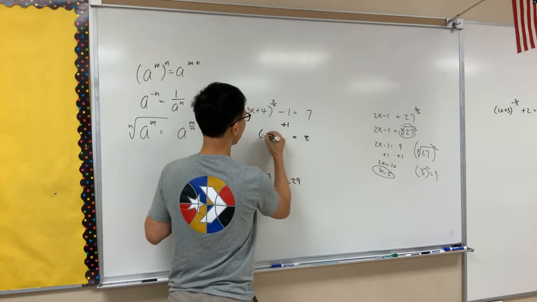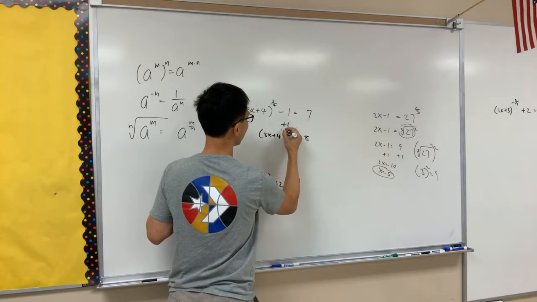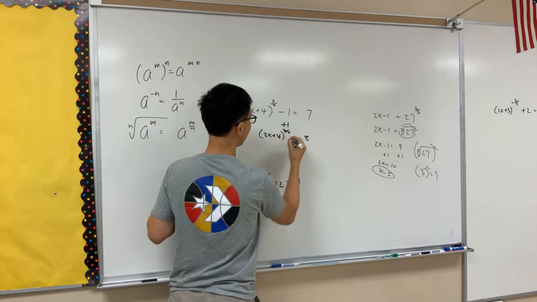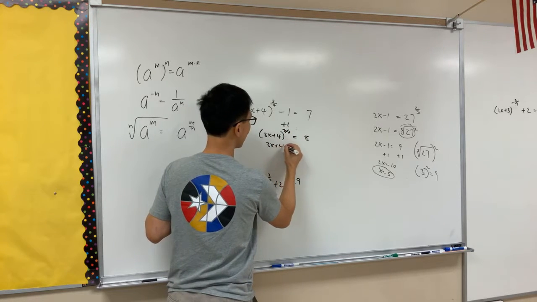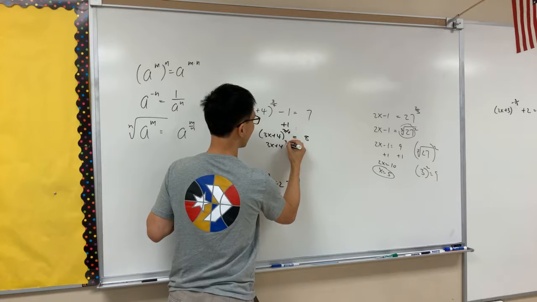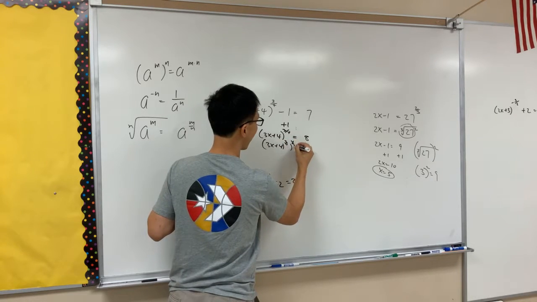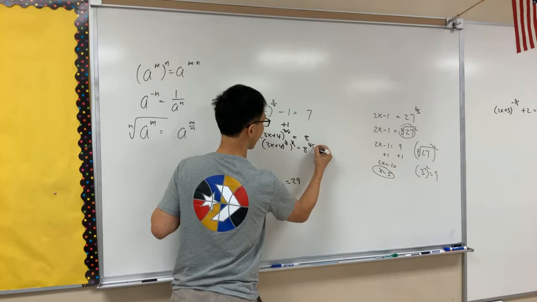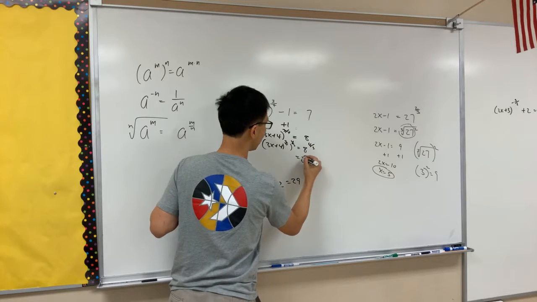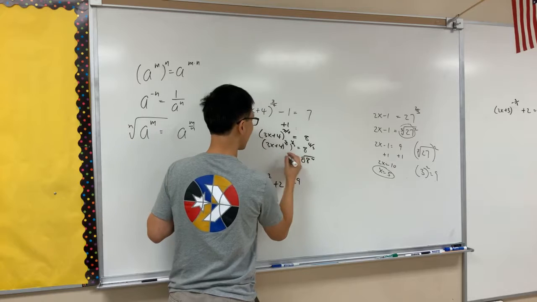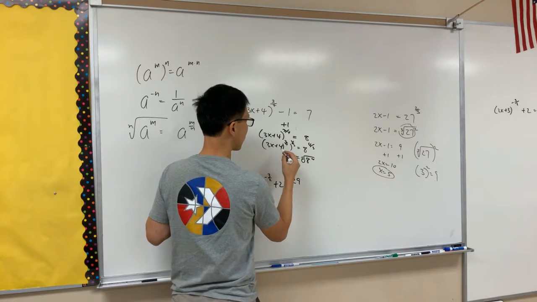Yeah. 8 is equal to 3x plus 4 to the 3/4. So what do you do now? 4 over 3. So that's equal to third root of 8 to the 4th. So this is over 1.